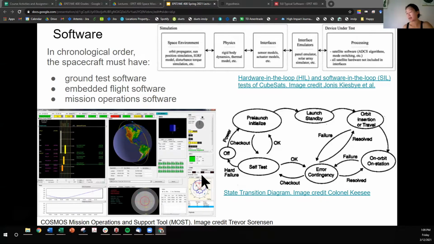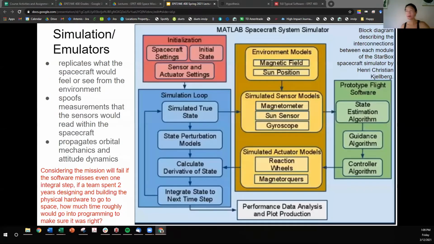On the bottom left, that particular instantiation is the Cosmos Mission Operations and Support Tool, MOST, created by Dr. Sorensen and HSFL. So although there are three types of software, I'll only touch briefly on the ground test software, like simulation and emulators, and the mission operations software, and we'll focus on flight software.